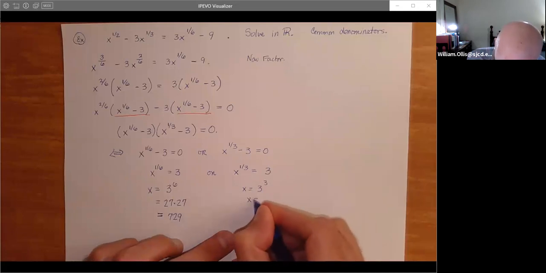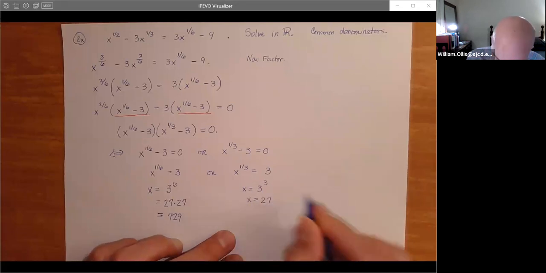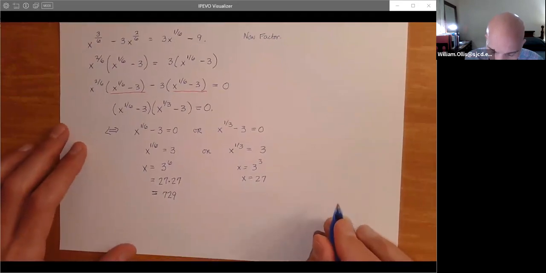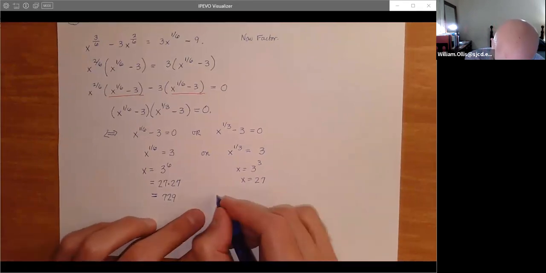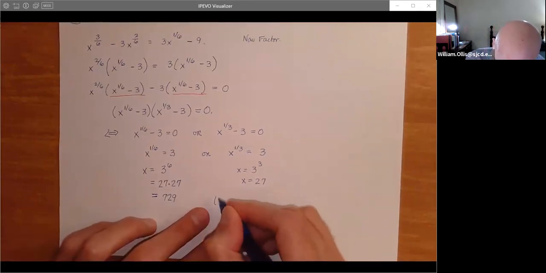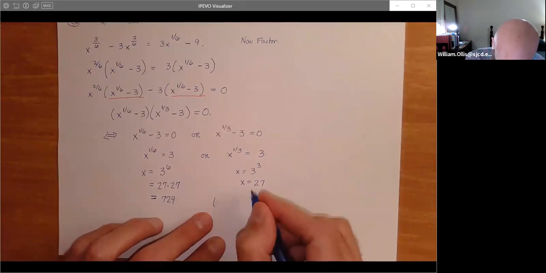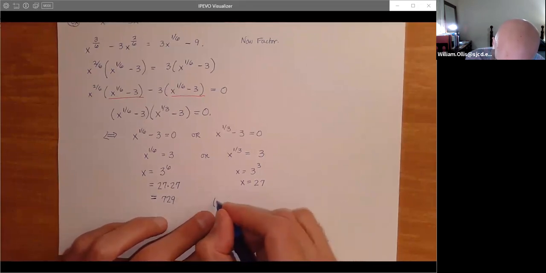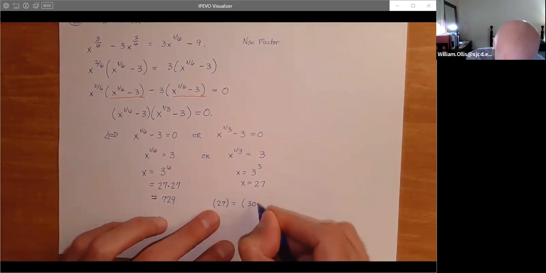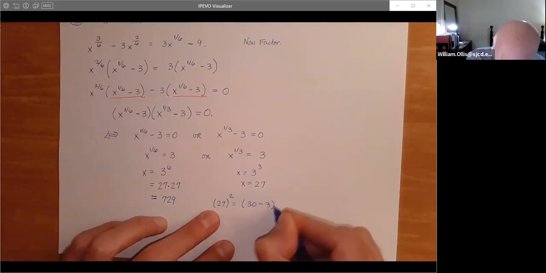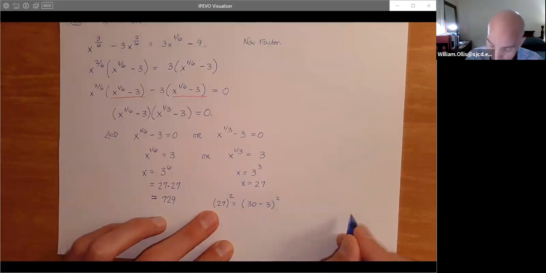So x equals 27. Now, let me show you a little trick that you may think is a little bit silly, but notice here, 27, we could think of something like this. We could say, okay, 27 equals 30 minus 3, right?